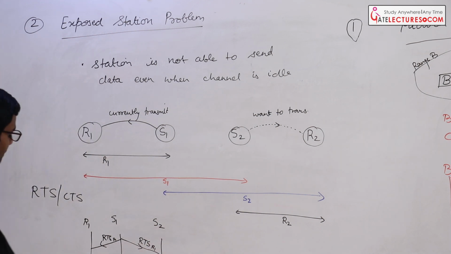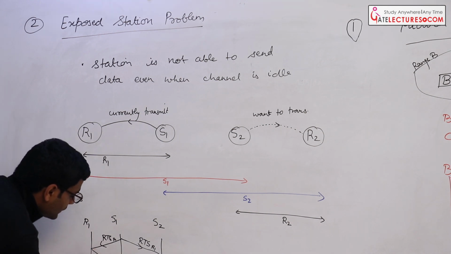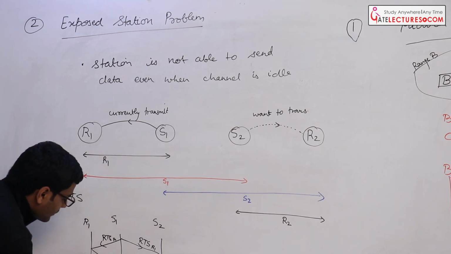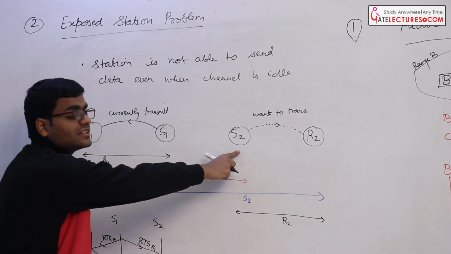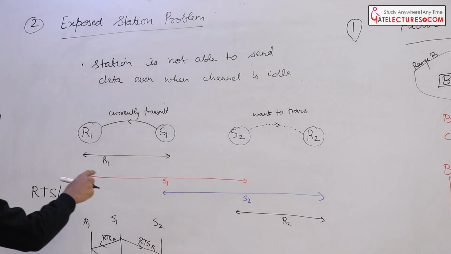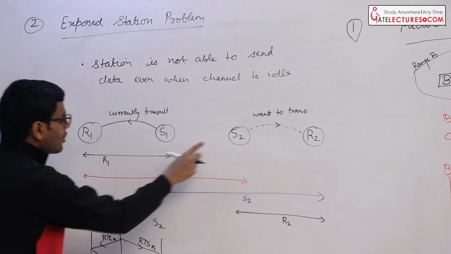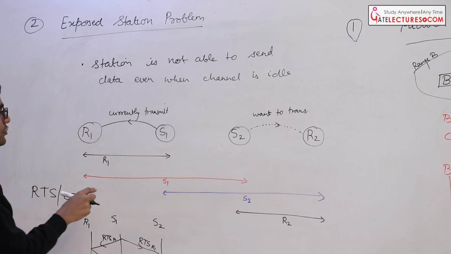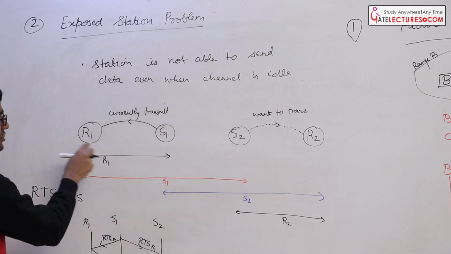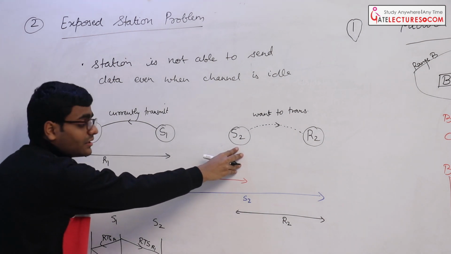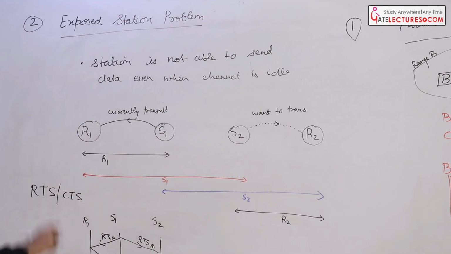Fine. But when R1 replies to S1 with a CTS signal, S2 will not listen to that CTS because S2 is not in the range of R1. So for this transmission, S2 will receive the RTS signal, but it will not receive the CTS signal.